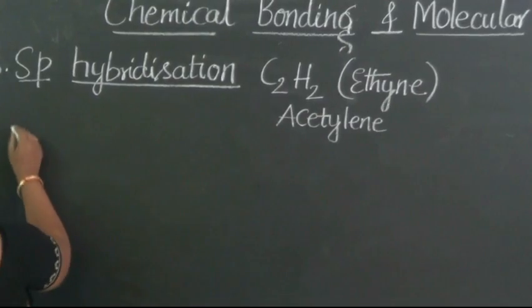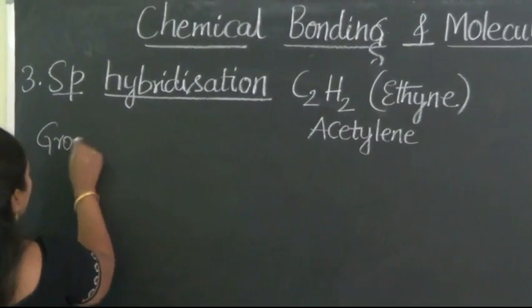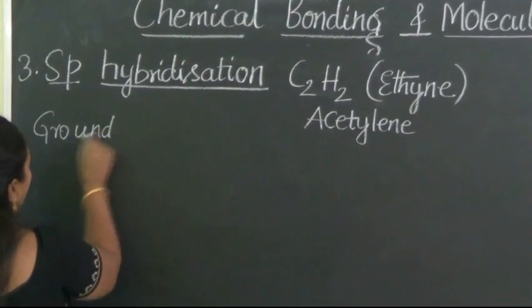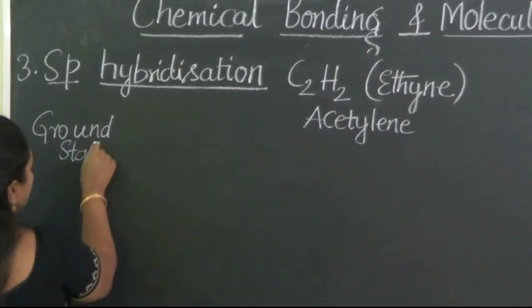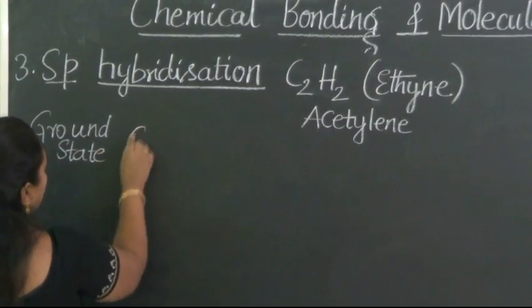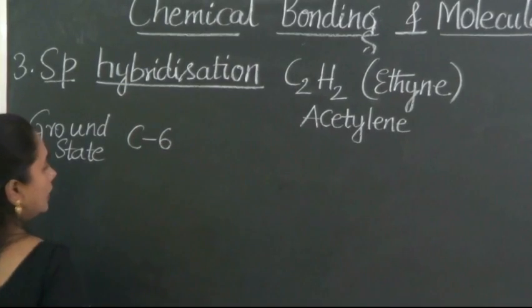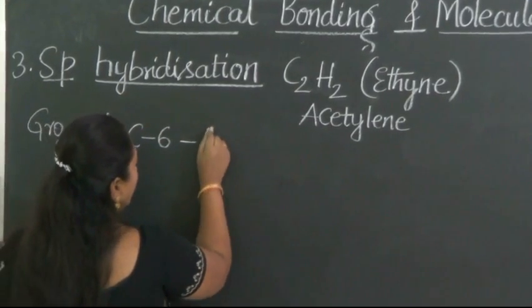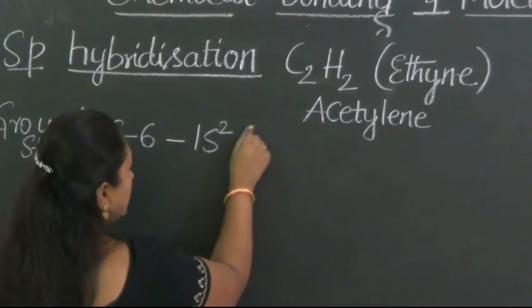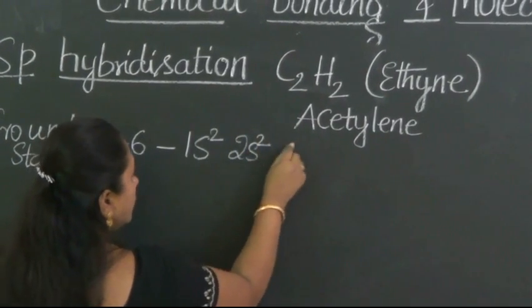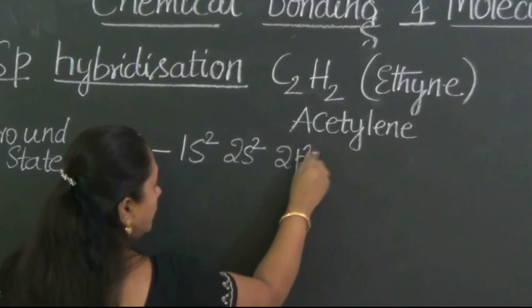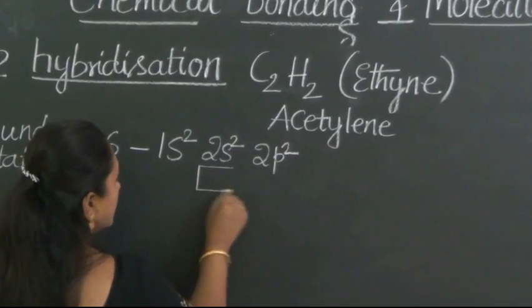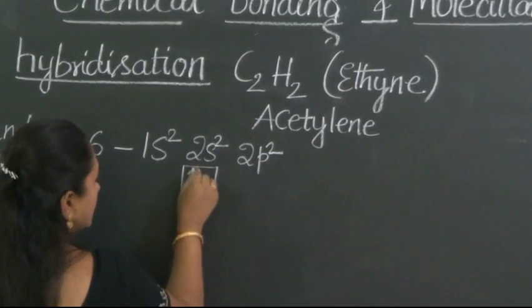So let us write the ground state electronic configuration of carbon atom. What is the ground state electronic configuration of carbon atom? Atomic number of carbon is 6 and its electronic configuration is 1s2, 2s2 and 2p2. Let us write its orbitals.